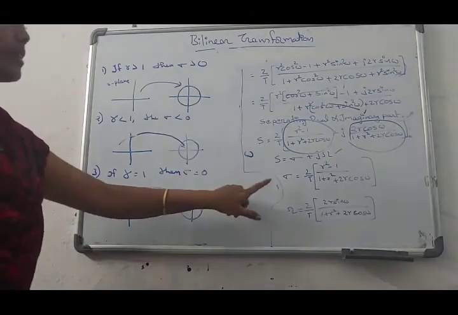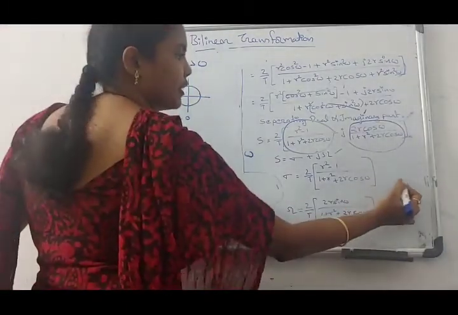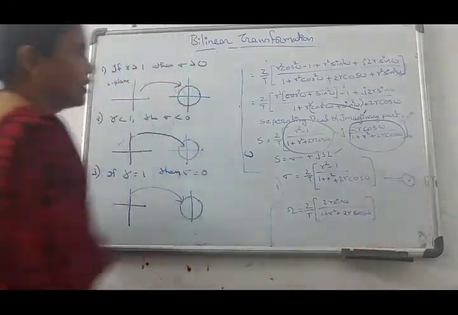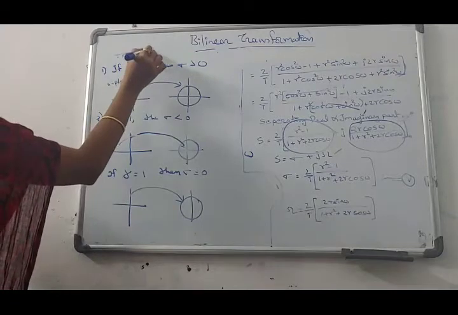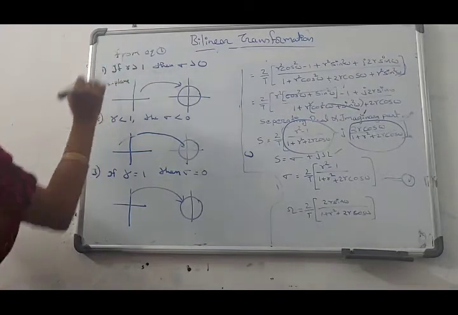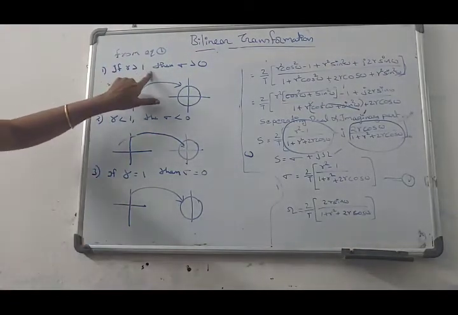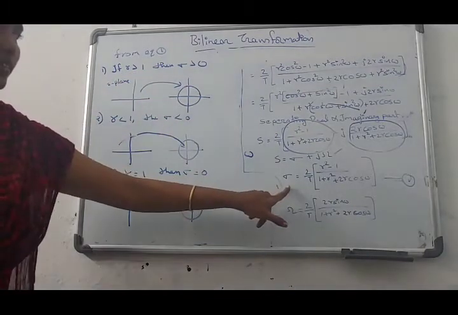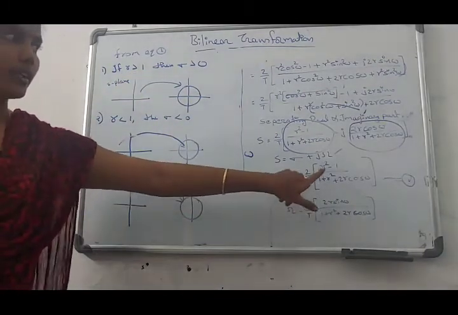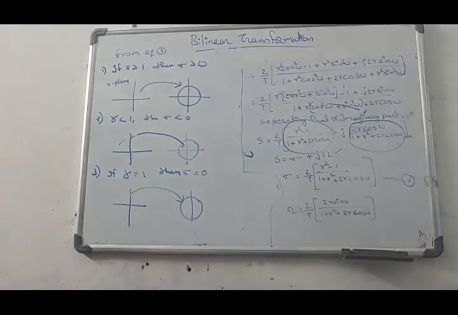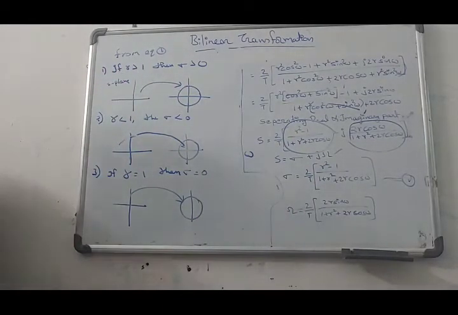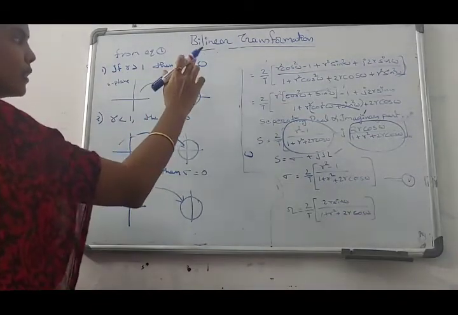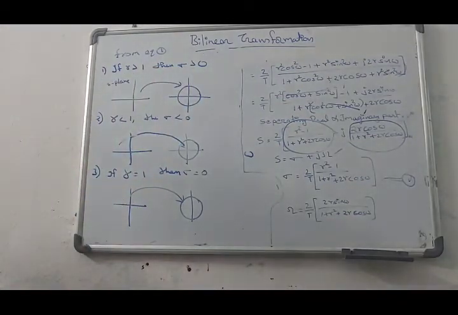First consider this equation; keep it as equation 1. From equation 1, if r is greater than 1, sigma is equal to 2 by T times (r square minus 1) by (1 plus r square plus 2r cos omega), so sigma is also greater than 0.